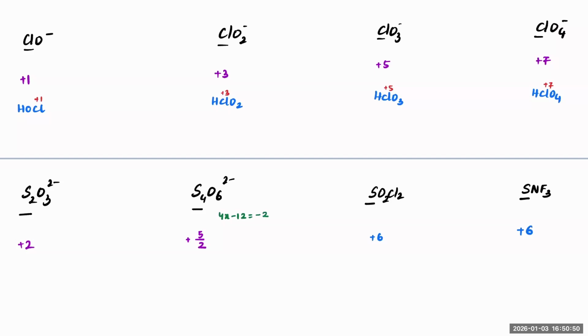Got it? That's why the name of this acid will become hypochlorous acid. Now, the next oxidation state does not have that hypo word. So it will simply be chlorous acid.